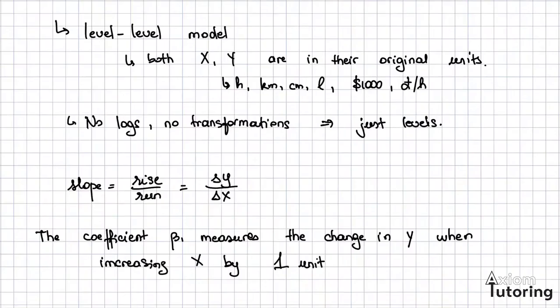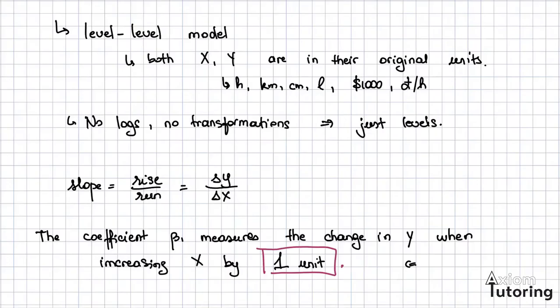So the only thing that is being changed in here is a change in 1 unit in x, all right? And the way that we will say it is a 1 unit increase in x changes y by beta 1 units, basically, which is interchangeably the same with what I just wrote in here.